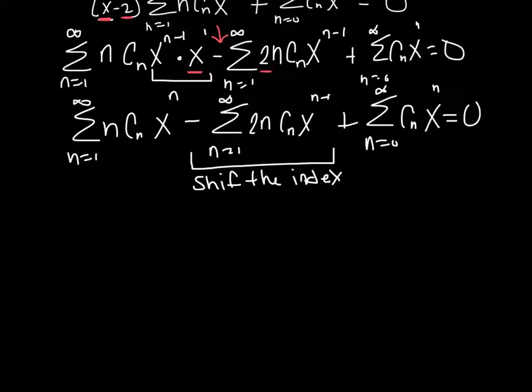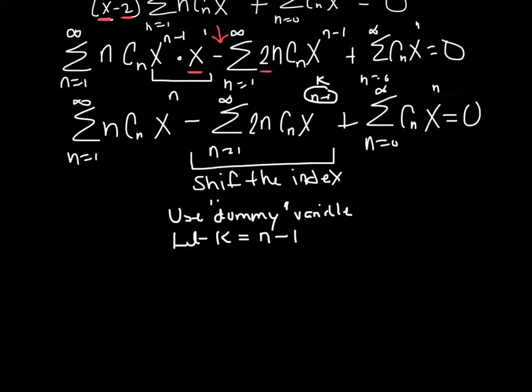Okay, so we're going to use a dummy variable. And remember, a dummy variable in math is basically just a placeholder variable. So I'm going to let my dummy variable be k. You can let it be star f, it doesn't matter. I'm just going to choose k. Okay, so we're going to let k be equal to n minus 1.